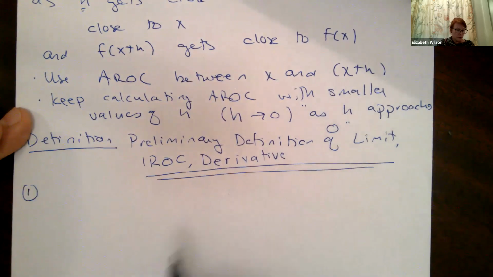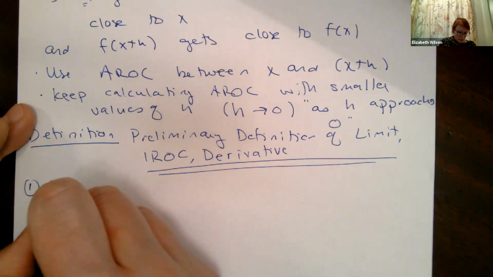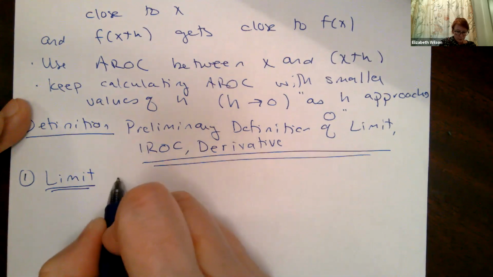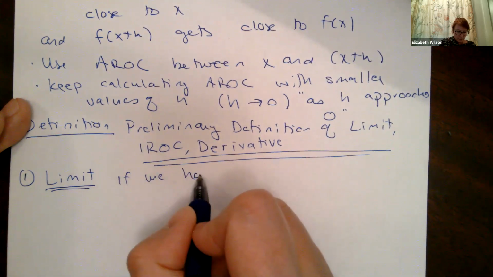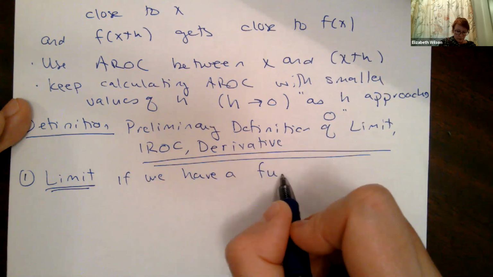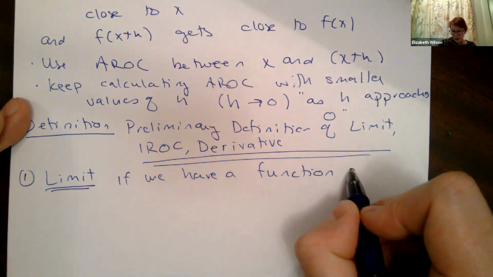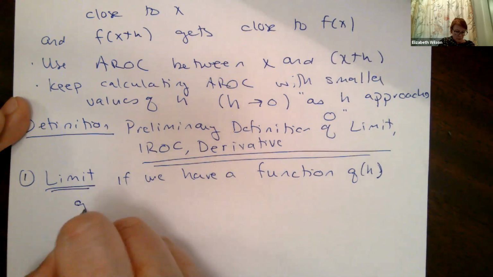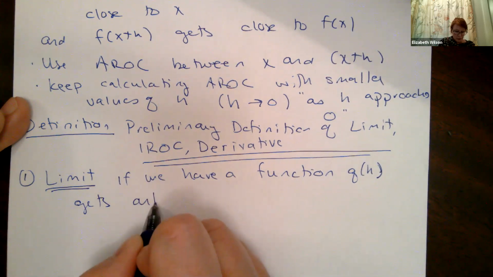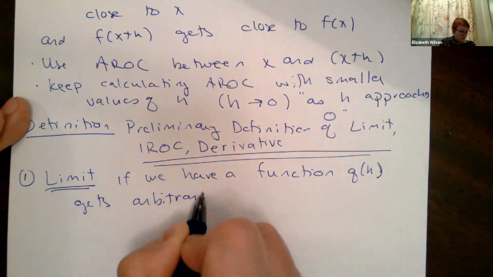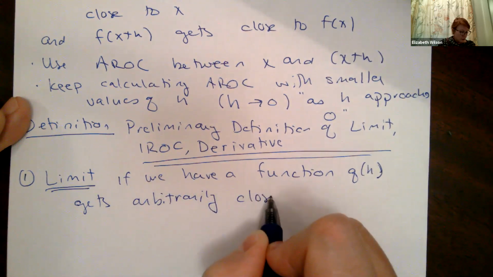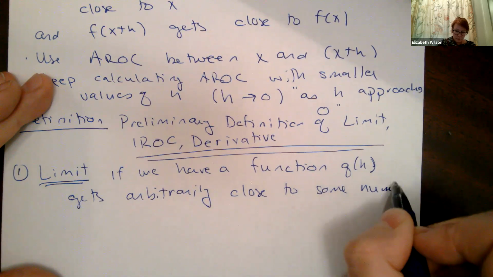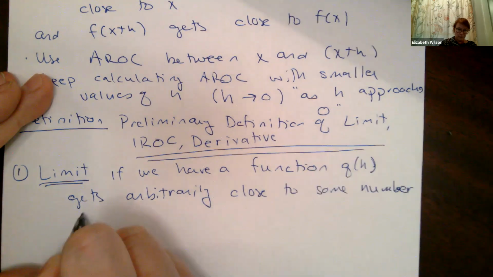So in terms of limits, okay? So let's talk about our limit. So if I've got some function q, and it's a function of h, okay? And this function is arbitrarily close to some number L, okay?